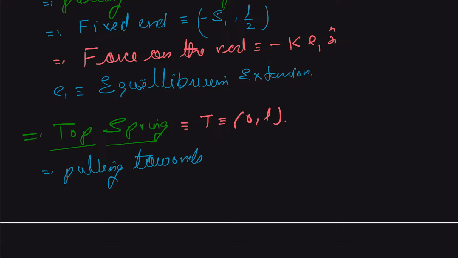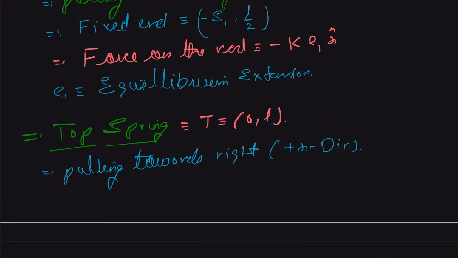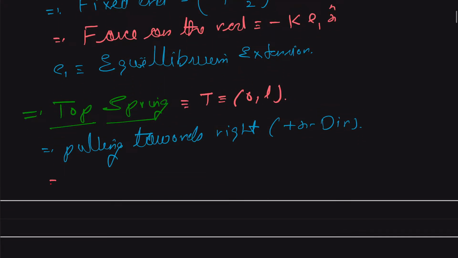Pulling towards the right, whichever is the positive x direction, and its fixed end is S2 comma L. Okay.